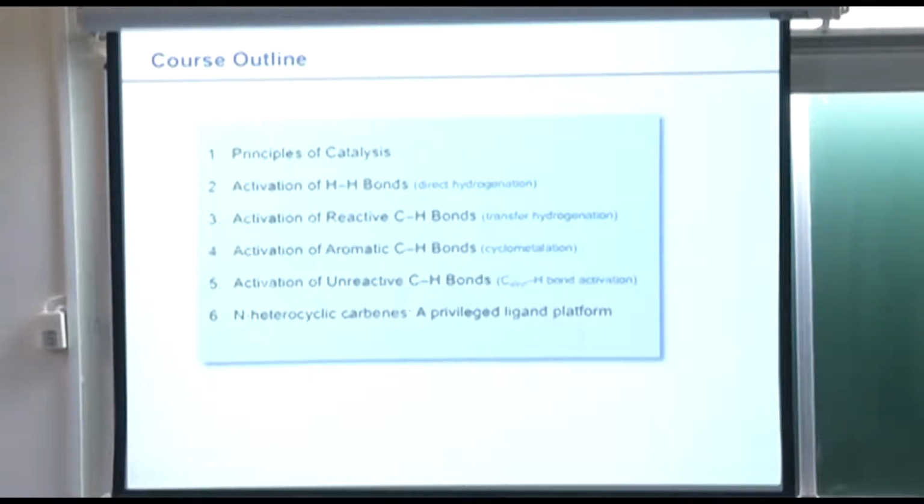Dihydrogen bond activation, carbon-hydrogen bond activation, and we split this a bit into 3 different subsections. First, very reactive CH bonds, where we learn a lot of concepts and principles. Then aromatic ones, which are very useful for synthesis. And then, in the end, we look at very unreactive CH bonds, like from alkanes. How can we make alkanes feasible for our chemistry?